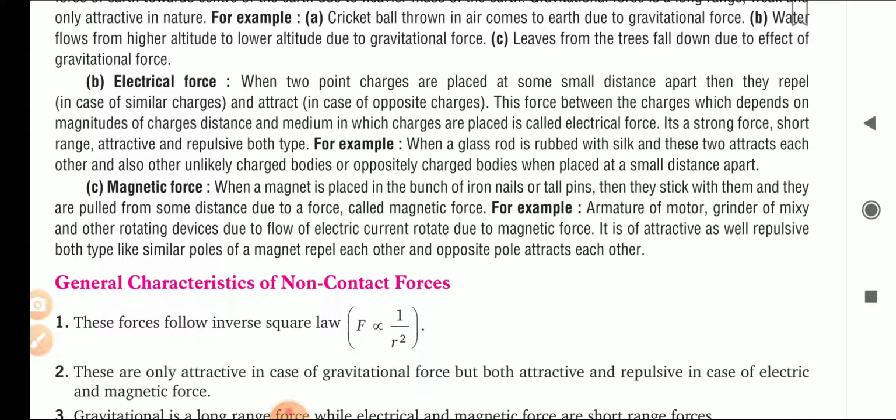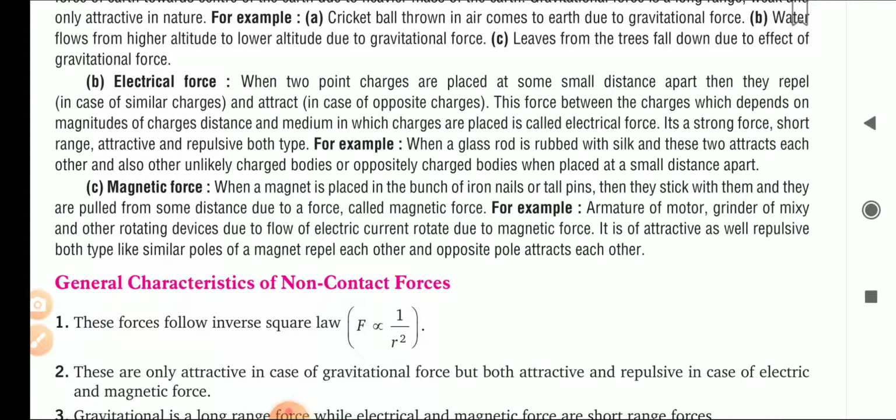If two charges, Q1 and Q2, are kept separately at a distance r, then the force of attraction or repulsion between these two charges is directly proportional to the product of those two charges, Q1 and Q2, and inversely proportional to the square of the distance between them. It means electrical force will decrease if you increase the distance between the two charges.